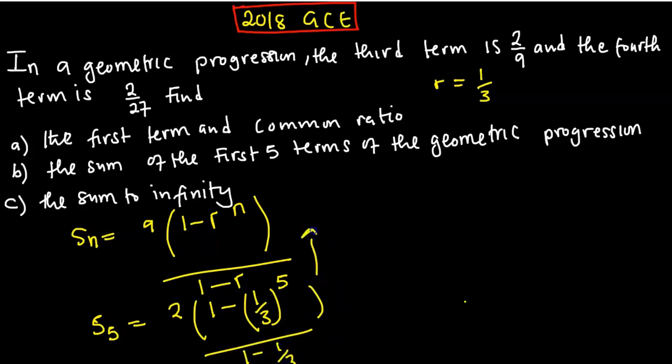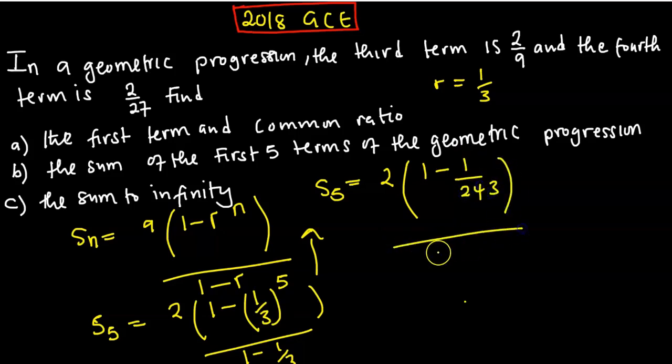So right here on top, I'm starting from here, number 5 is equal to 2 outside. Inside here it's going to be 1 minus 1 over 3 to the power 5, which is just the same as 1 to the power 5 over 3 to the power 5. So 1 to the power 5 is 1, over 3 to the power 5 is 243.